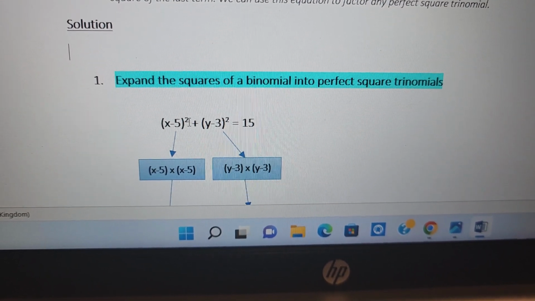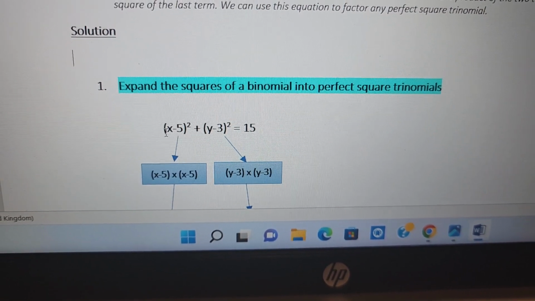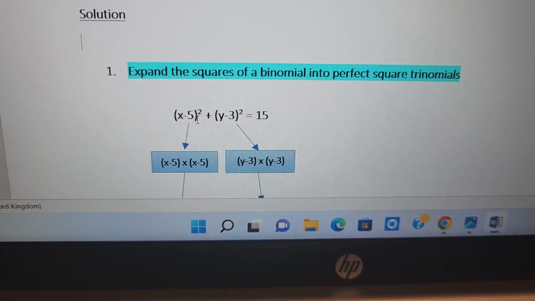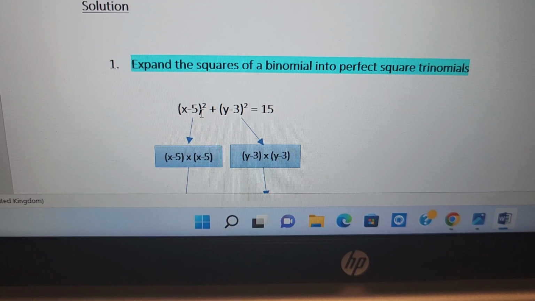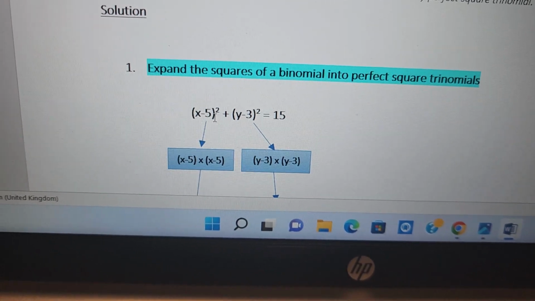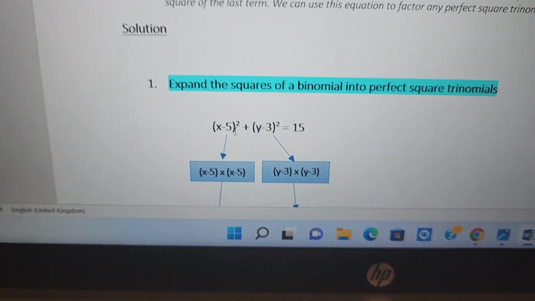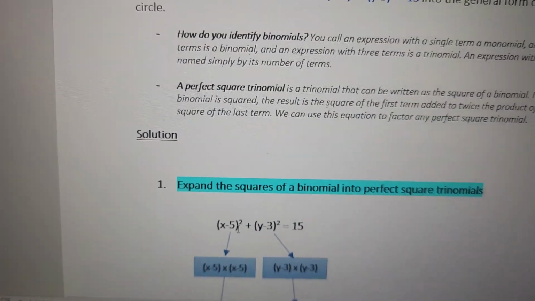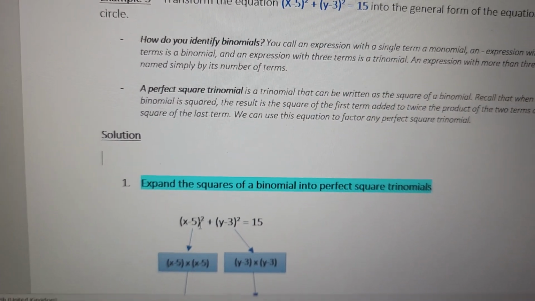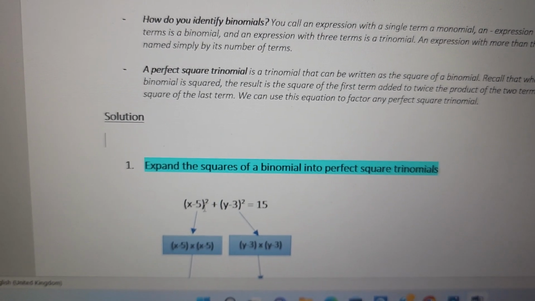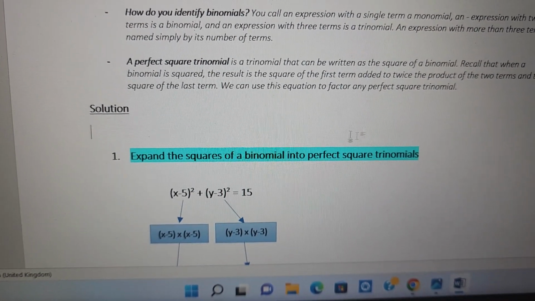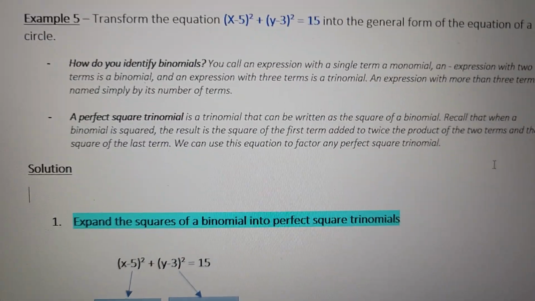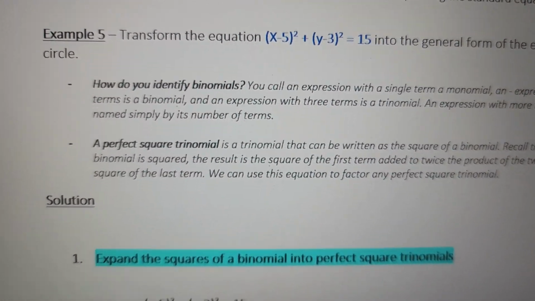It's like one algebraic expression plus another algebraic expression. We call it a binomial, okay? And an expression with three terms is a trinomial. An expression with more than three terms is named simply by its number of terms.